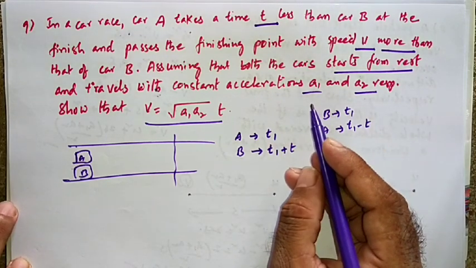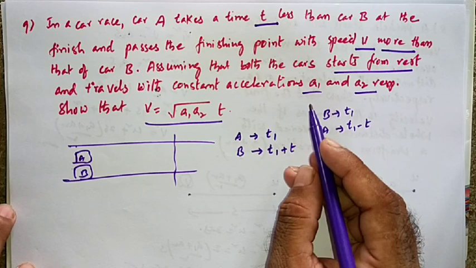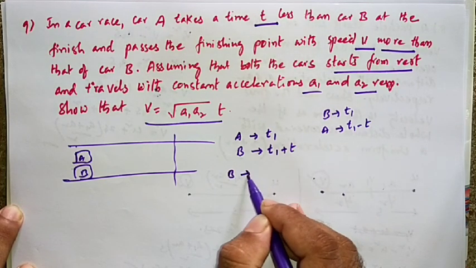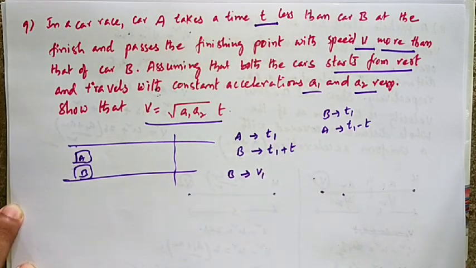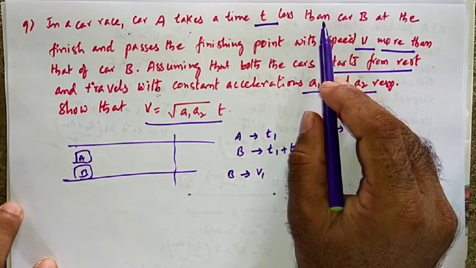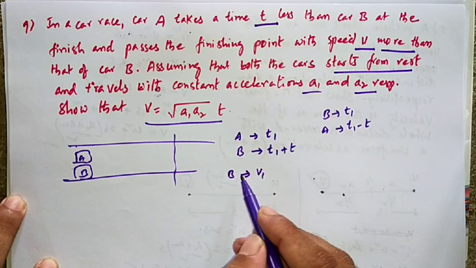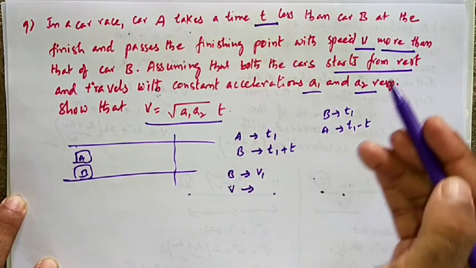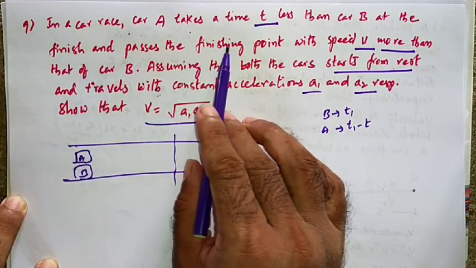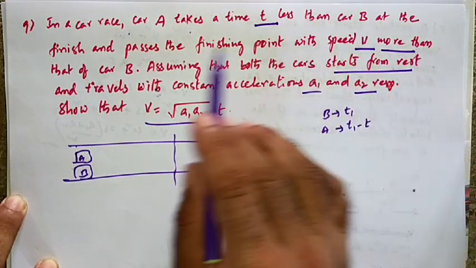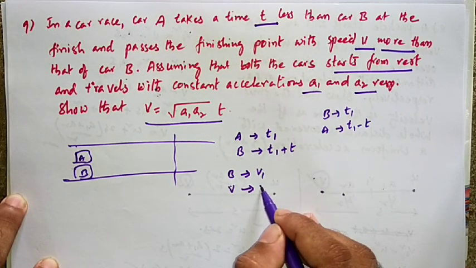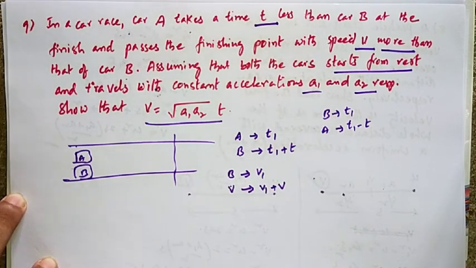Next, let us take the velocity of car B. Velocity of car B is v1 at the finishing point. What about v? Tell me. Finishing point with a speed v more than that of car B. Okay, then for A it will be how much? v1 plus v. That's it.